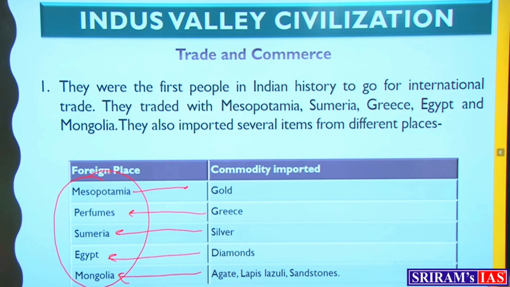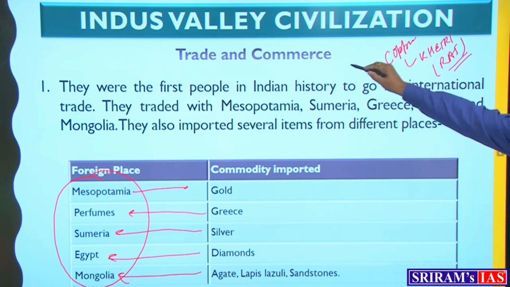Even Harappans imported copper from the Khetri mines of Rajasthan. Khetri is known for copper. Internally, they took gold from Karnataka.